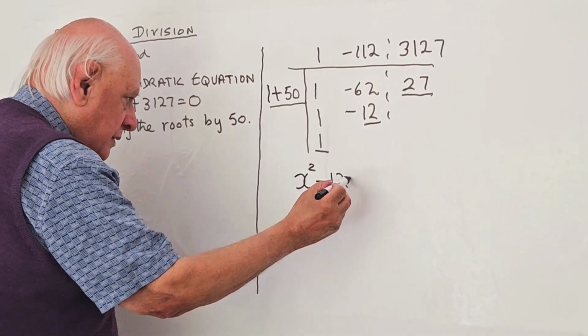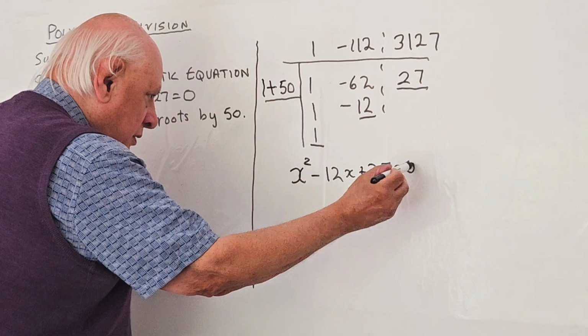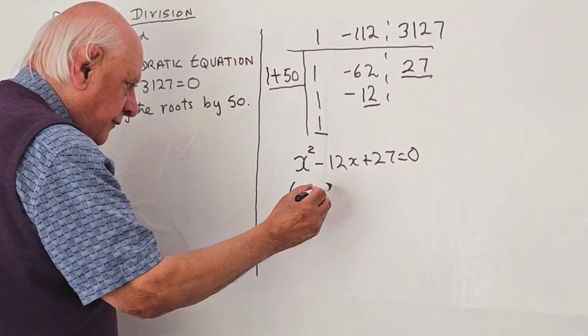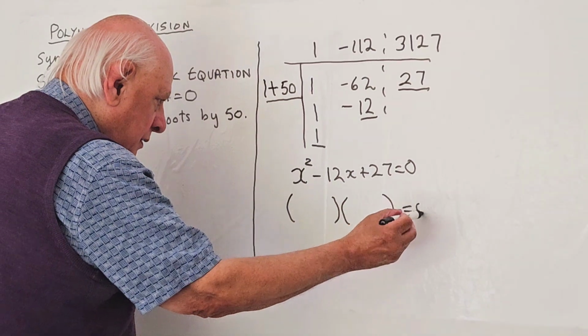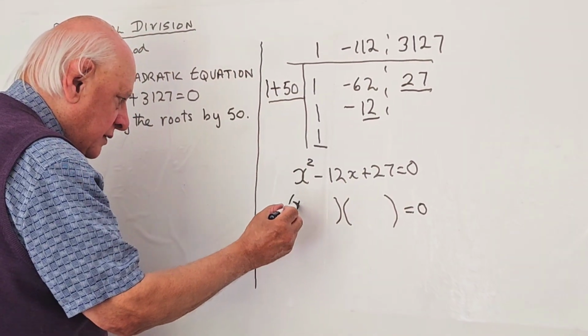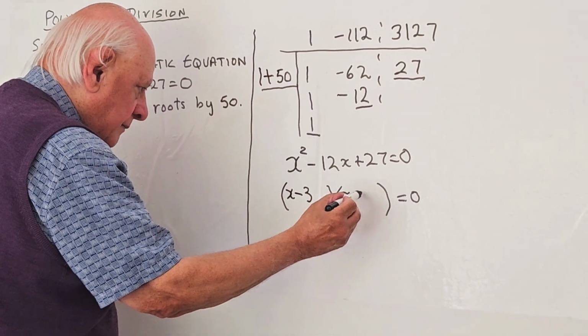minus 12x plus 27 equals 0, which easily factorizes, I hope, as x minus 3 and x minus 9.